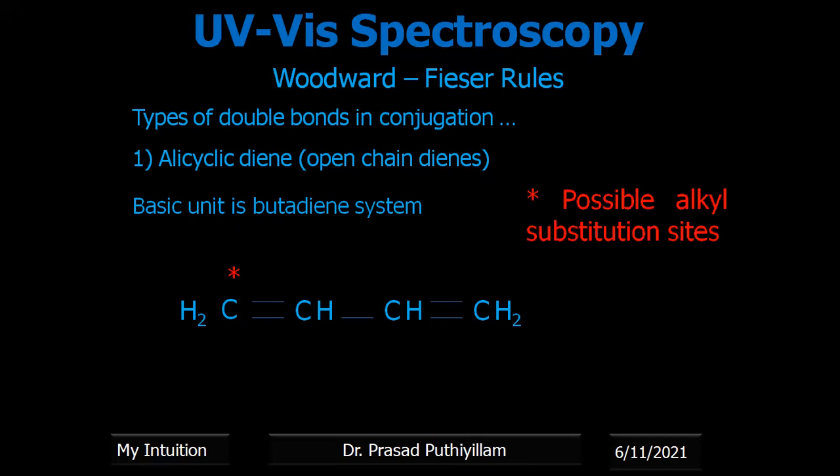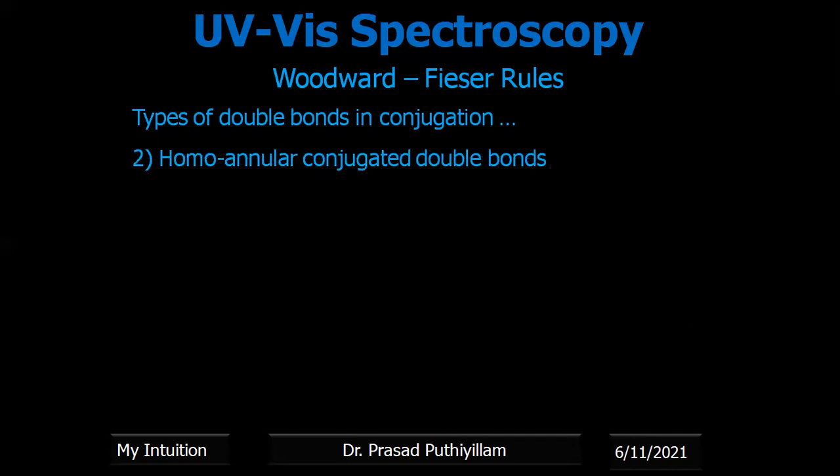That means alkyl substitution is possible at carbon 1. At carbon 2 also we can substitute alkyl, because one hydrogen is there, and we can replace that hydrogen with an alkyl group. The 3rd carbon atom also is possible, and the 4th one also. Therefore, the alkyl substitution also will affect the UV visible absorption spectrum. So that also we'll see in the Woodward-Fieser rule.